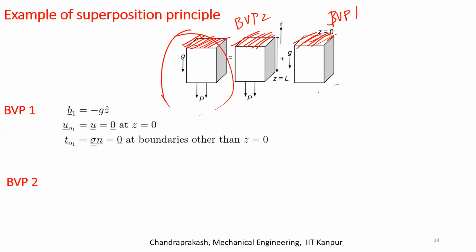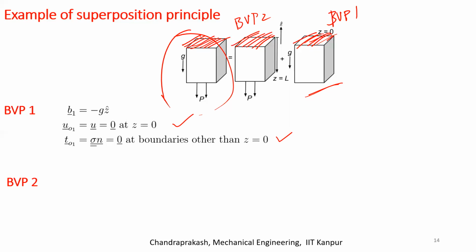So this is the first boundary value problem. I only have a body force and there is no traction on any of its surfaces, and the displacement on the top boundary is 0. So there is body force, traction is 0 on every face, and on the top face the displacement is 0.